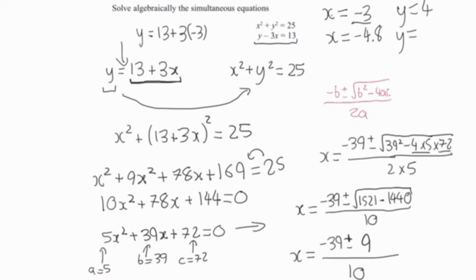So we have this as one solution, and now we can sub in x equals minus 4.8 here, and we're going to get y as being equal to minus 1.4, and those will be our solutions.